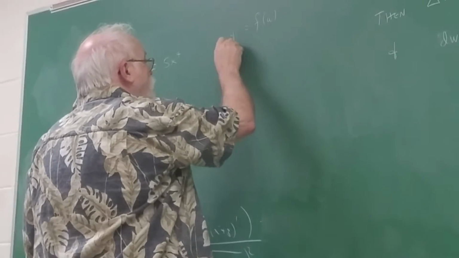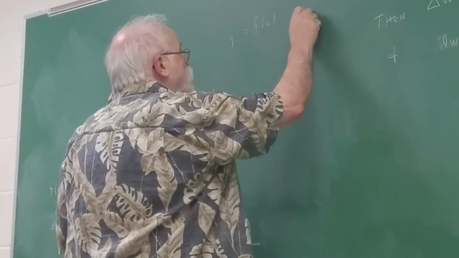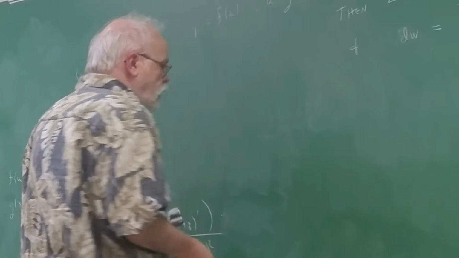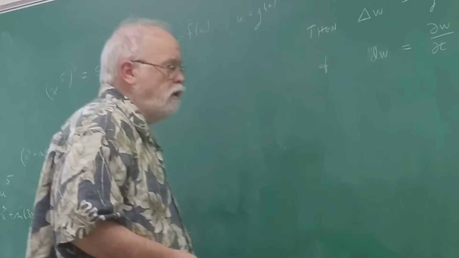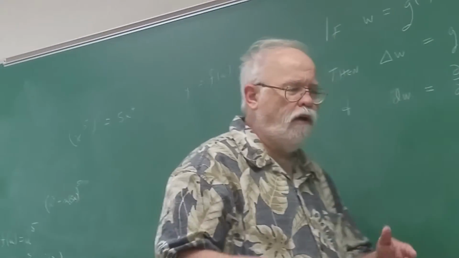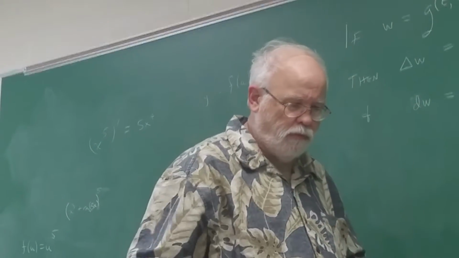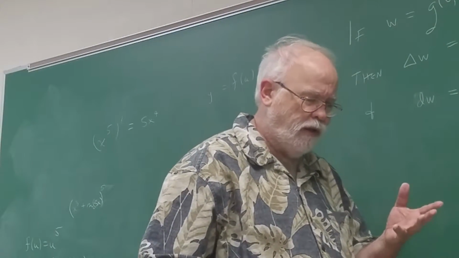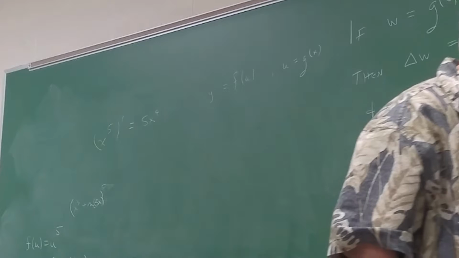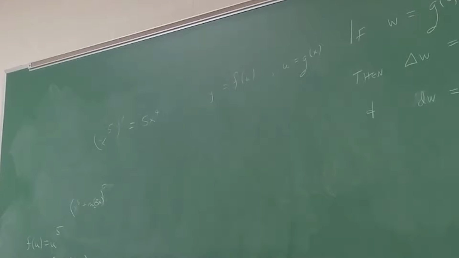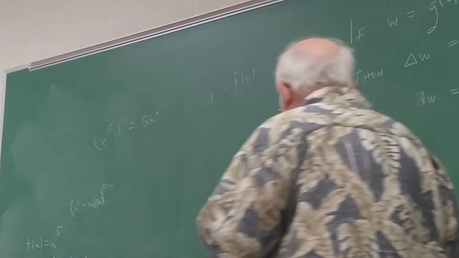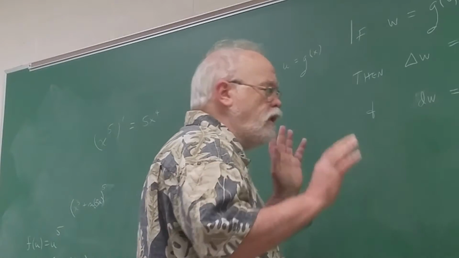Let that be y. And then the u is some other function, g of x. In college algebra and pre-cal, pre-cal is a good term for it, pre-calculus mathematics, and that includes algebra and arithmetic and geometry and all that mess.